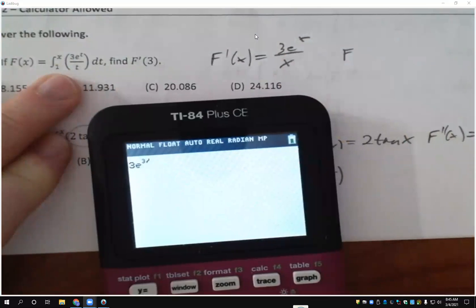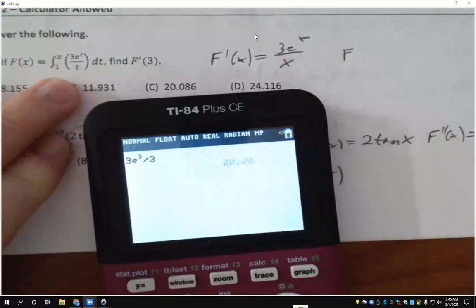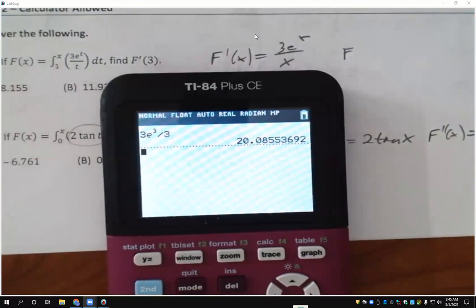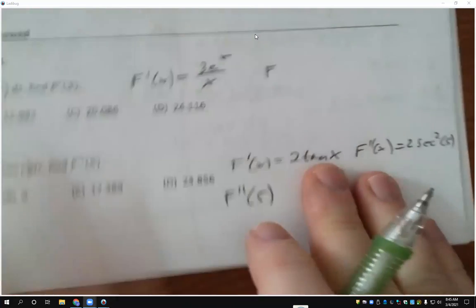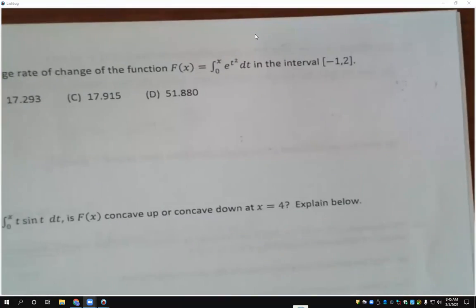Oh, I got my divide in the wrong spot. Exit out of that. Divided by 3. And there you go right there. F prime of x is this. Careless error there, and I'm surprised that's not one of the answer choices.